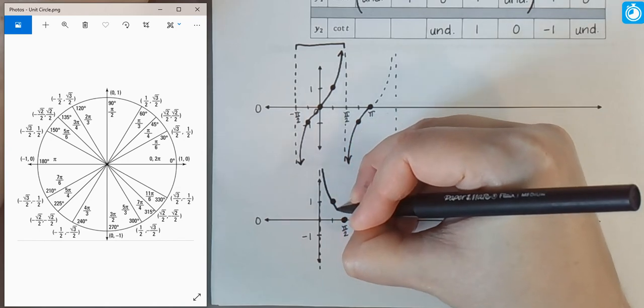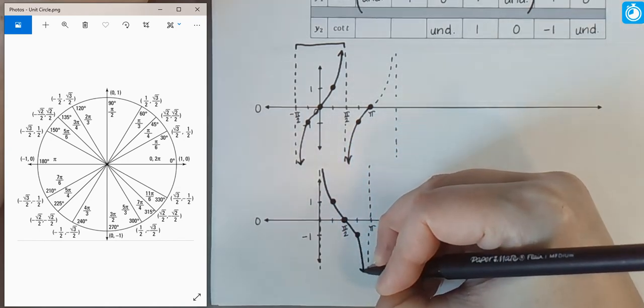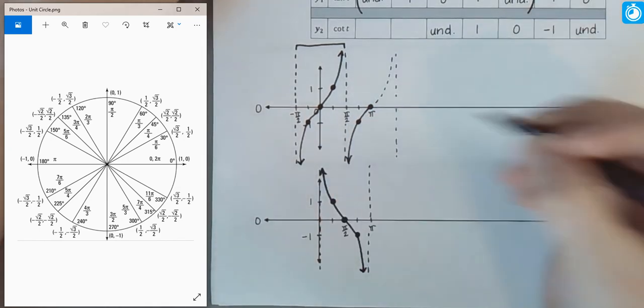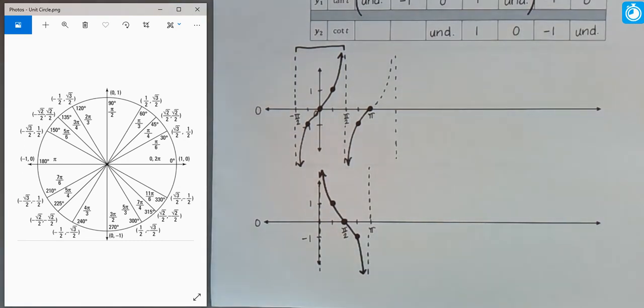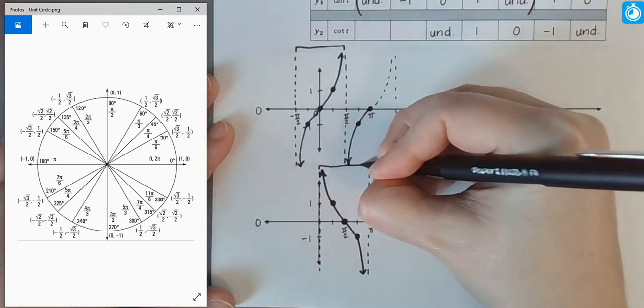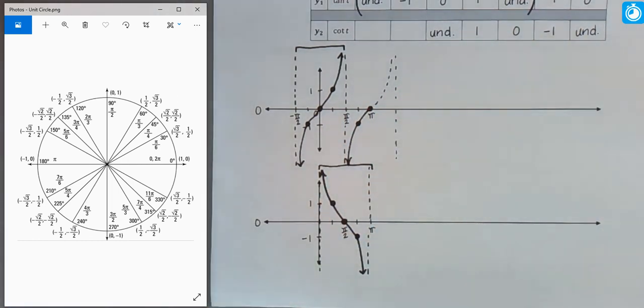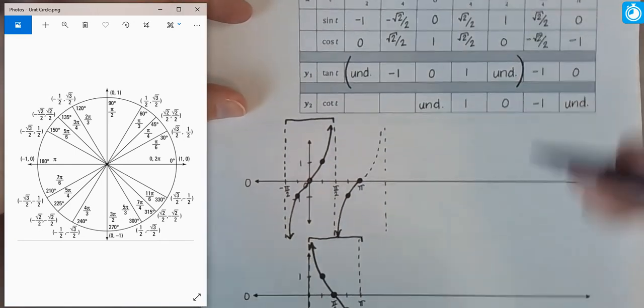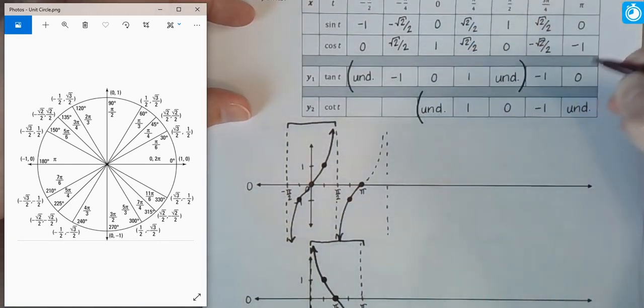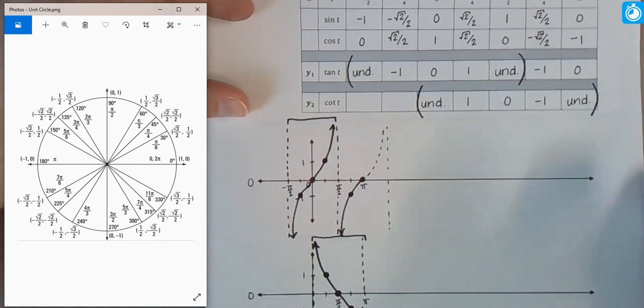And so cotangent decreases over this interval. And that's going to be our graph for cotangent. Now notice for this particular function, we do get a full branch if we just graph from 0 to pi. So for cotangent, that is going to be the interval we graph. So for cotangent, we'll specifically graph from 0 to pi.